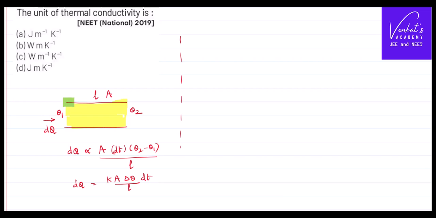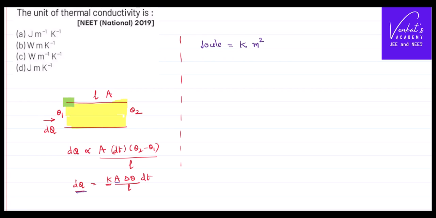Here K is called coefficient of thermal conductivity, and our intention is to find out the units and dimensions of it. Where dQ is the heat energy, let's write the units and dimensions of each. Energy can be measured with a unit called joule. K is the coefficient of thermal conductivity, we have to find its unit. A is the area of cross section of the conductor.